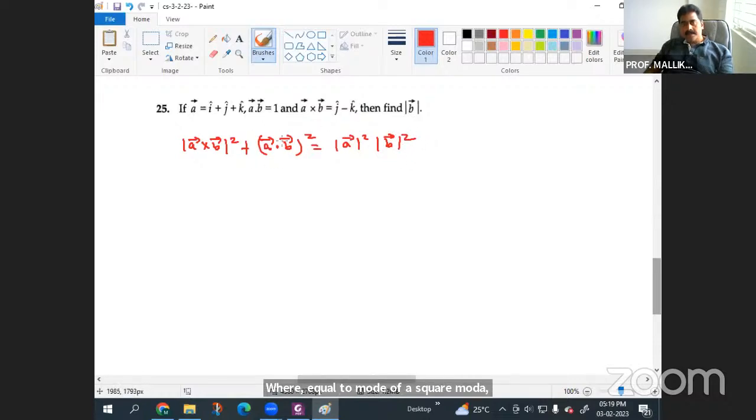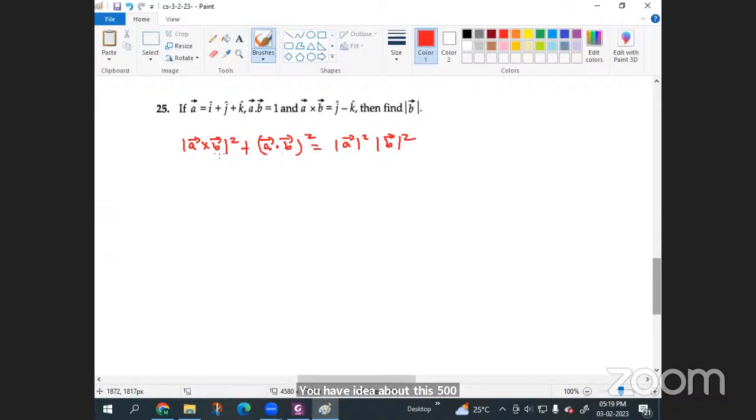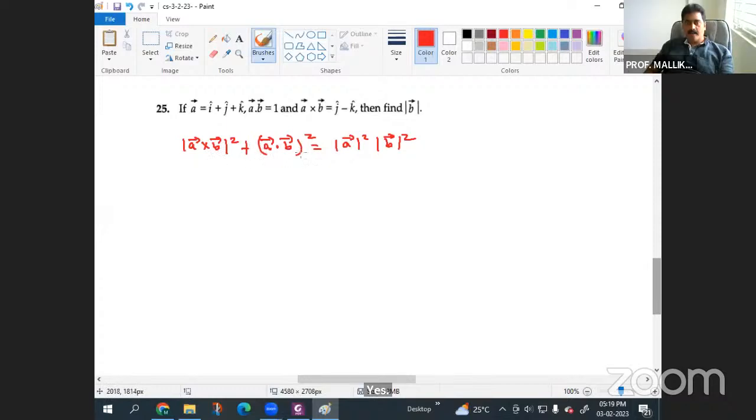Do you have an idea about this formula? Yes, sir. Okay, so mod A is given as root of I plus J plus K, root of 1 square plus 1 square plus 1 square, root 3. Correct?